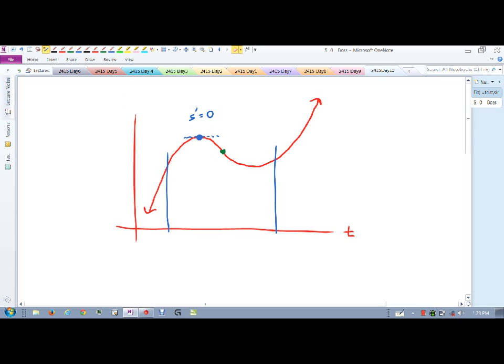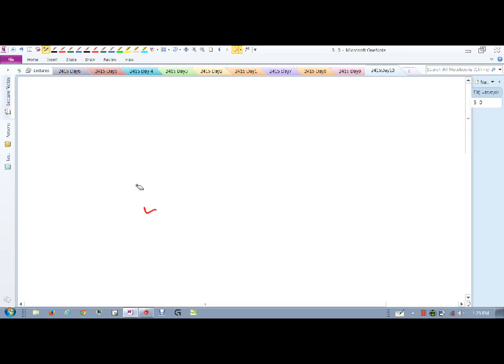Okay, this is position. Right? Look, hold on. Let's back up. Let's say we have a graph that gives us time and gives us position. All right? Position. Now, this is going to be a little more difficult to draw, but let's just do something like that.